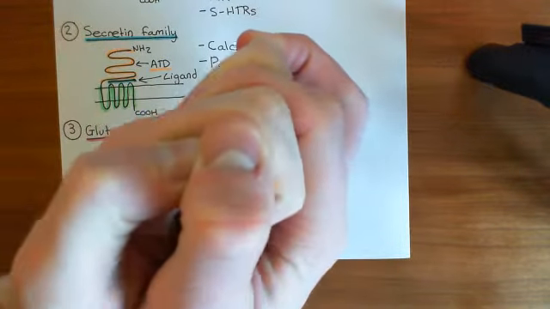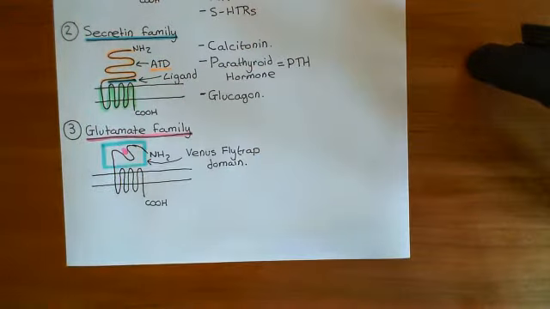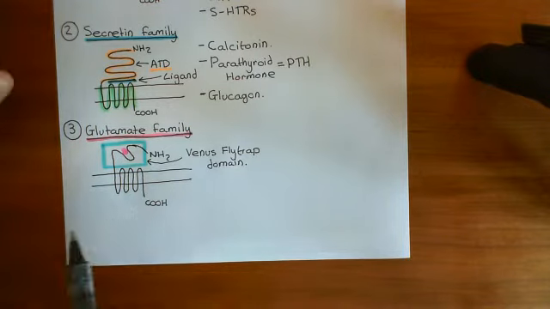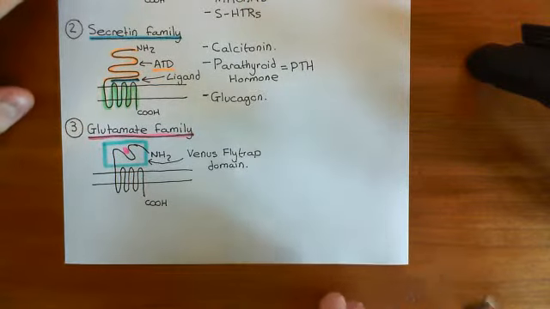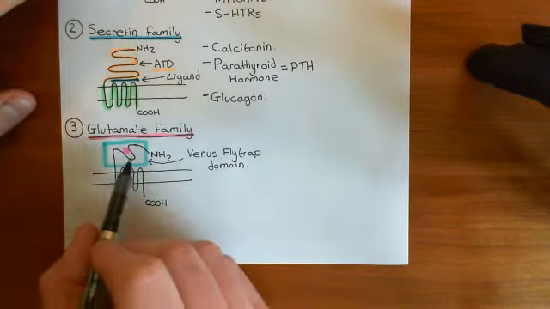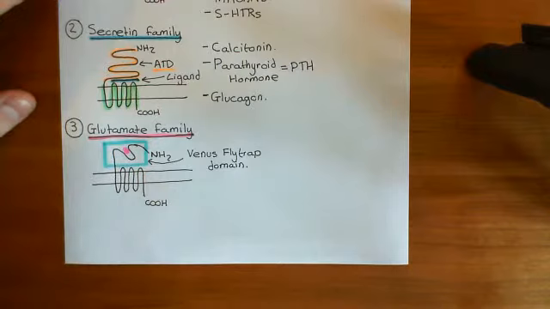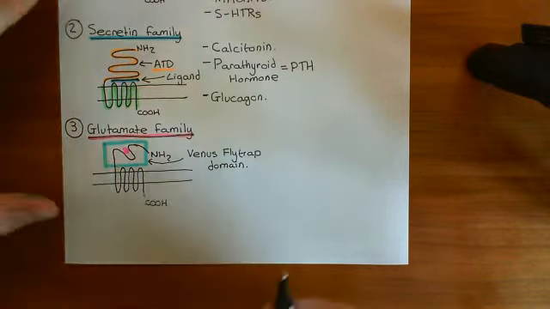When the ligand binds, those two halves will close around the ligand and trap it in there, analogous to a Venus flytrap closing around a fly which has just landed in it. That's the characteristic feature that all glutamate family G-protein coupled receptors have: a Venus flytrap domain which closes around the ligand molecule once it binds.